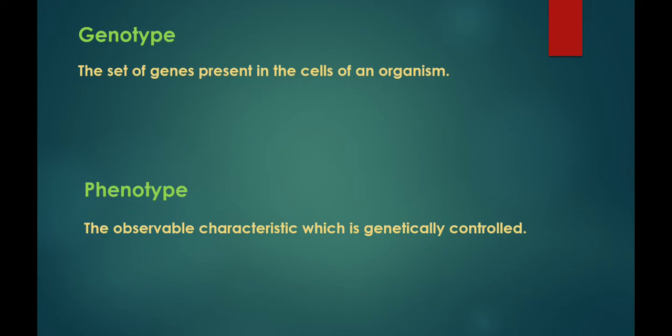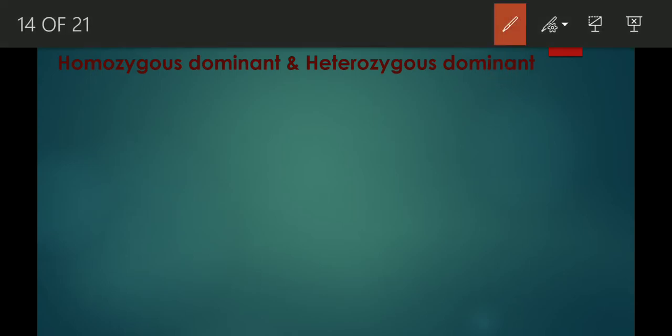Okay. Now, here two terms are there. One is homozygous dominant, another is heterozygous dominant. What is homozygous dominant? Homo means same. That means here the same alleles are present, and hetero means different. Here different alleles are present. Homozygous dominant means both alleles will be the same and at the same time dominant.